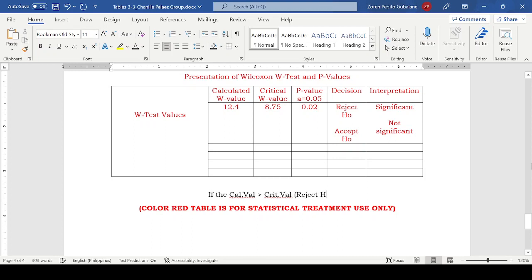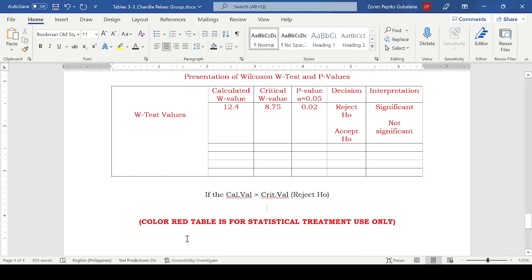That is the standard rule. Okay? So that's one. Lalagyan natin ng bullet.